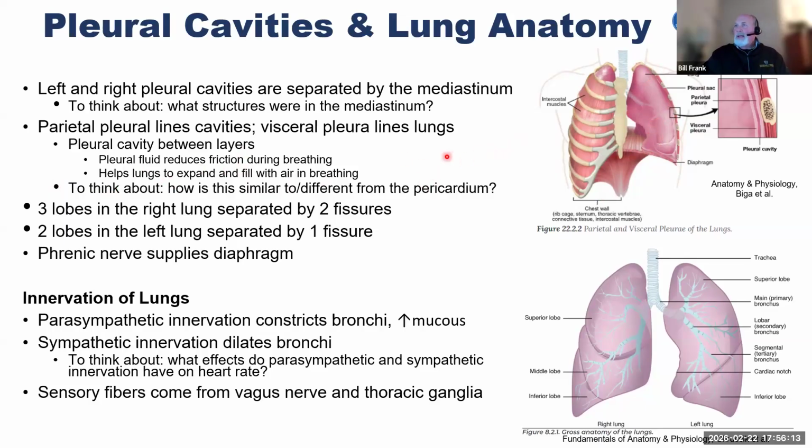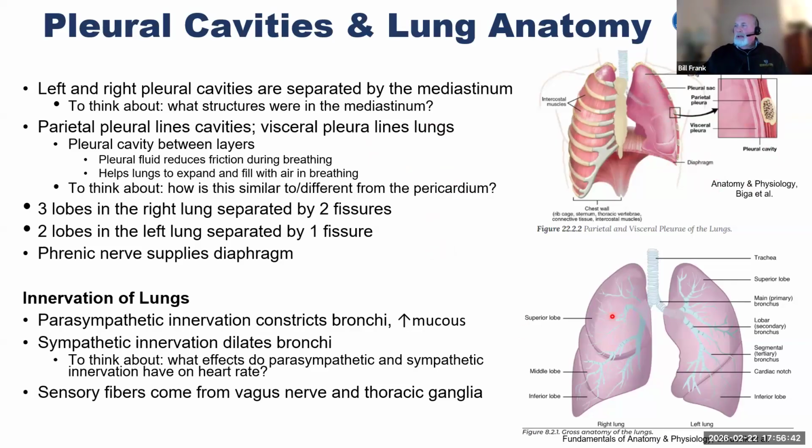So when we look at the pleura, it is very similar to the pericardium in that the lung grows into the pleural sac, and then it develops both a visceral layer and a parietal layer with a cavity in between. And we can see that here between the visceral pleura on the lung and the parietal pleura lining the wall of the thoracic cavity.